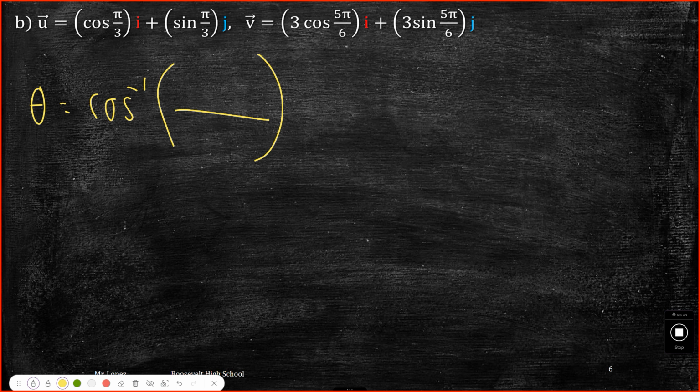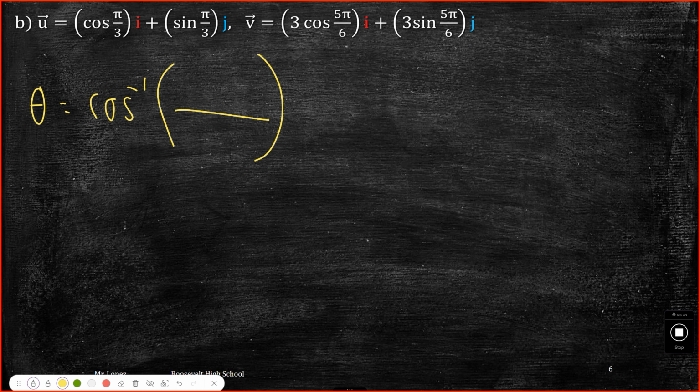Cosine pi divided by 3 times 3 cosine 5 pi divided by 6.